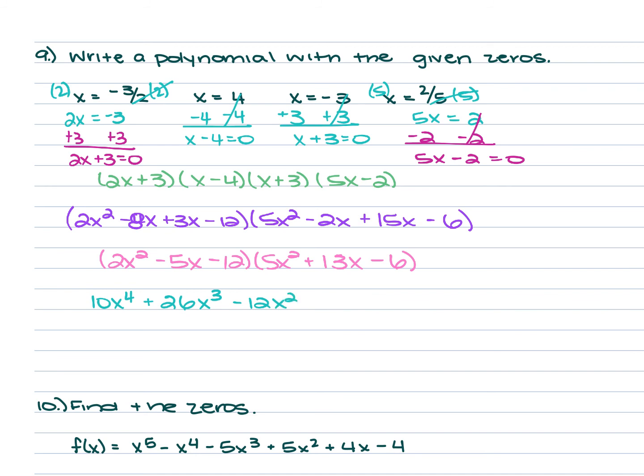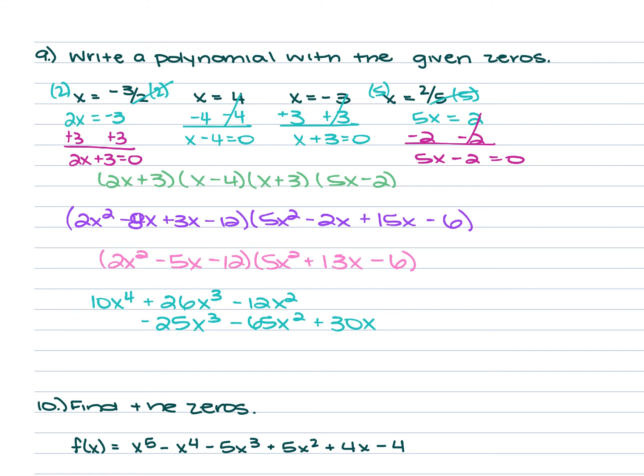Now I'm going to do the same thing with the negative 5x from the first set of parentheses and distribute it into the second set of parentheses. So negative 5x times 5x squared is negative 25x cubed. Negative 5x times 13x is a negative 65x squared. Negative 5x times negative 6 is a positive 30x.